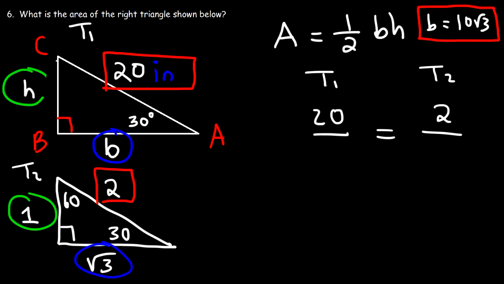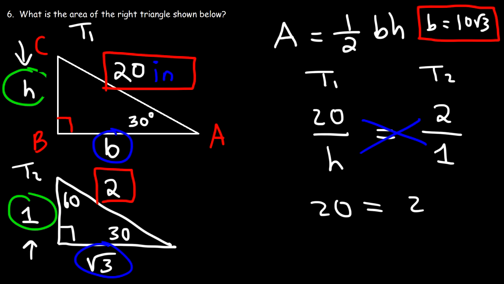Now, the other leg of triangle 1, which is h, corresponds to the other leg of triangle 2, which is 1. So let's cross multiply. 20 times 1 is 20, and that's equal to 2 times h, which is 2h. So all we need to do is divide by 2. 20 divided by 2 is 10. 2h divided by 2 is h. So h is equal to 10.